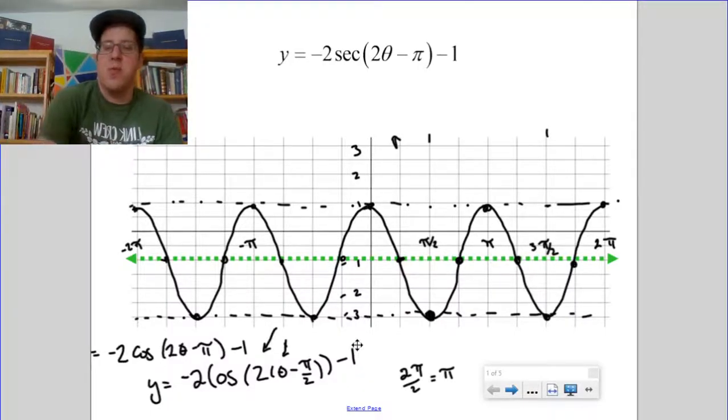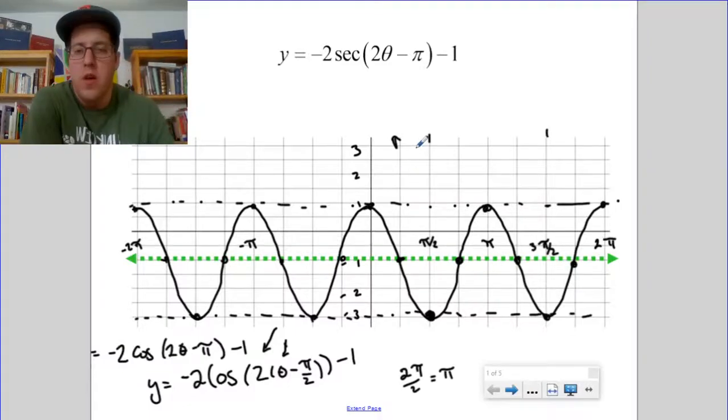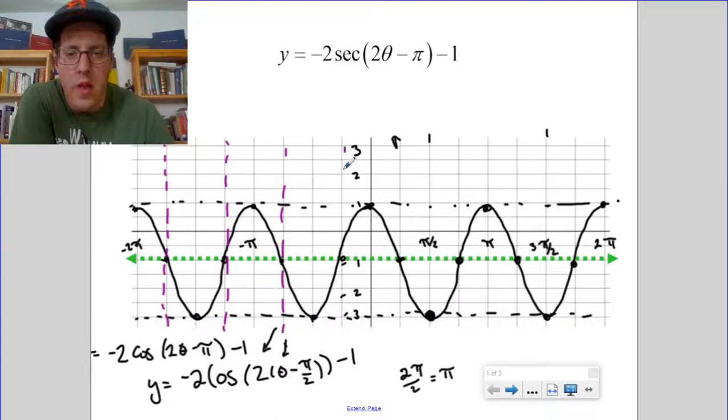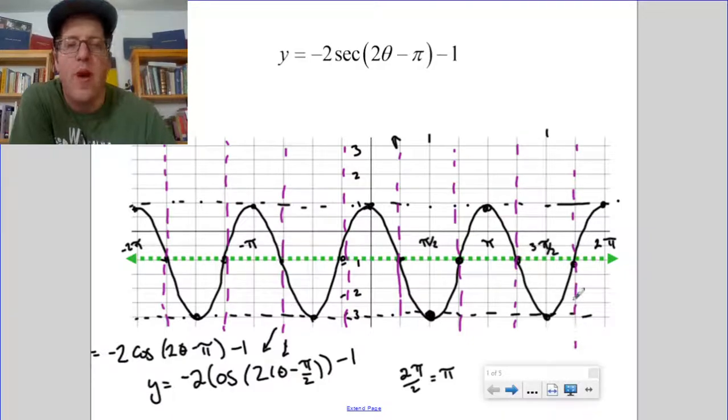If we take the reciprocal, we're dividing by 0. So that's going to give us a vertical asymptote at all of these places. Whole bunch of vertical asymptotes. So anywhere that graph hits the midline, we have a vertical asymptote for the graph we're actually trying to graph.